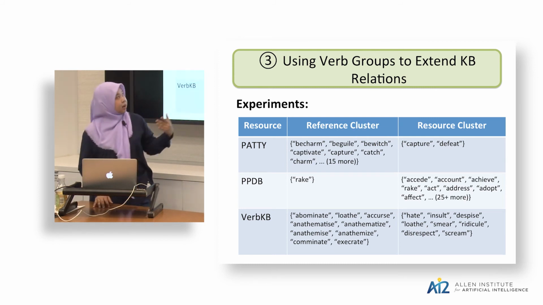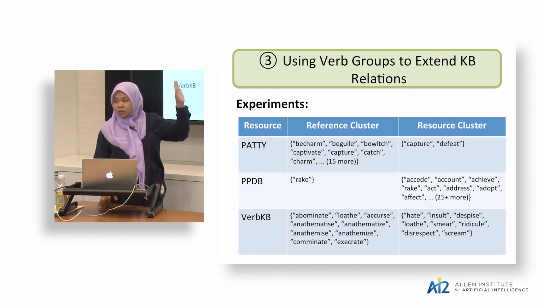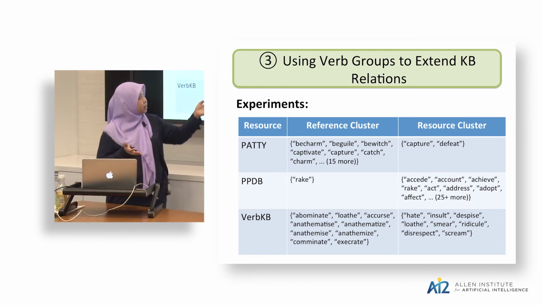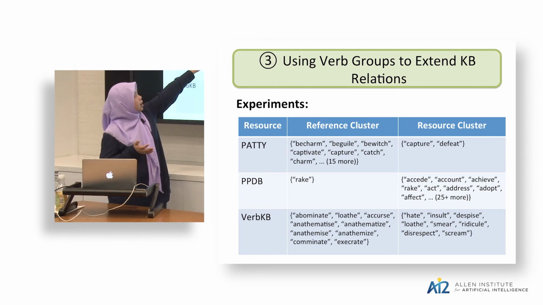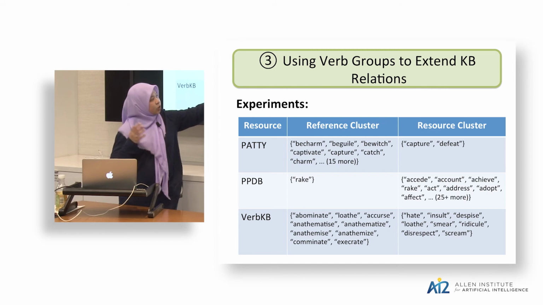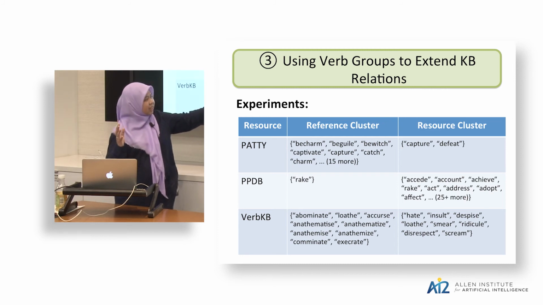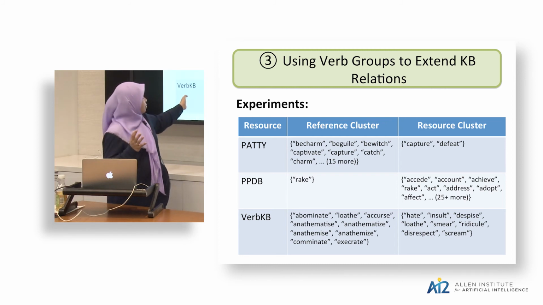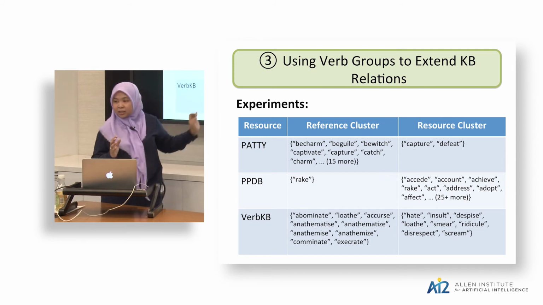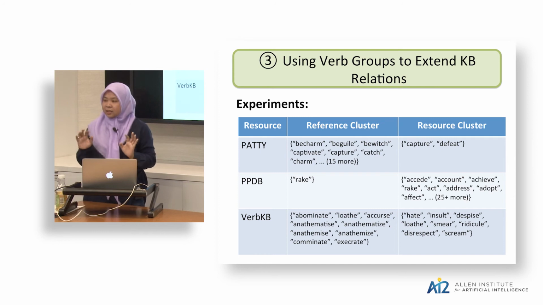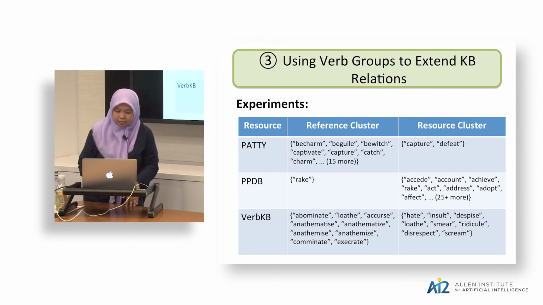And we see that for the worst aligned clusters to the reference clusters, PATTY clusters are small, so it cannot capture big clusters in WordNet. And PPDB, on the other hand, is too large and contains all the different senses of the verb, while VerbKB, even though it doesn't match exactly, has the right sense of the verb.